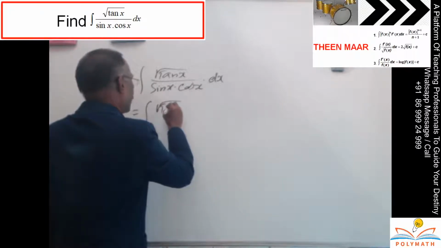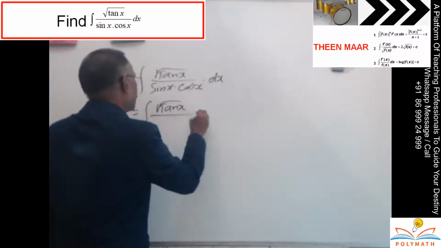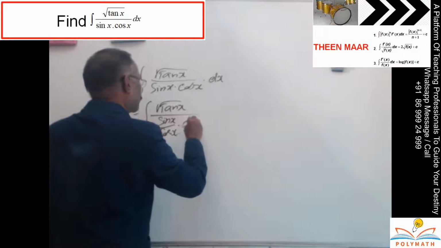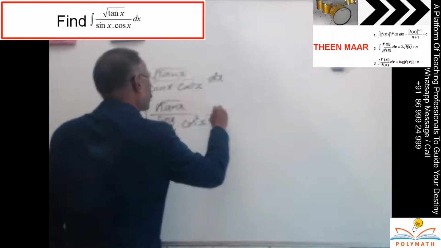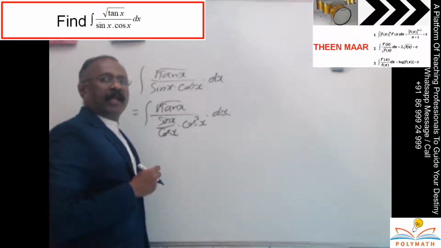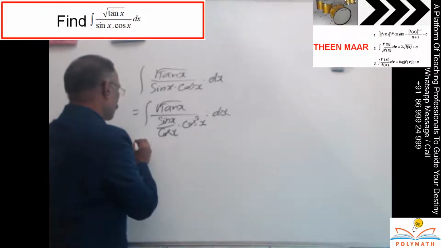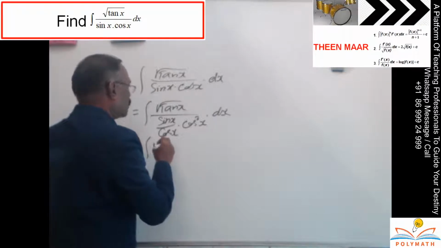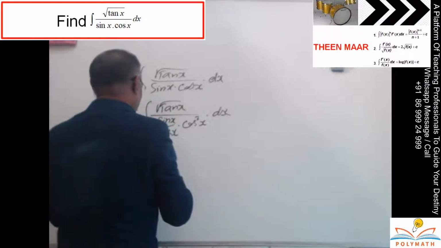So root tan x divided by, I'm dividing sin x by cos x, and this becomes cos square x dx. I want to apply one of the tin mar here.